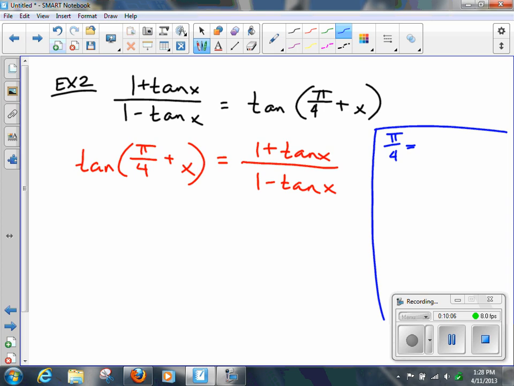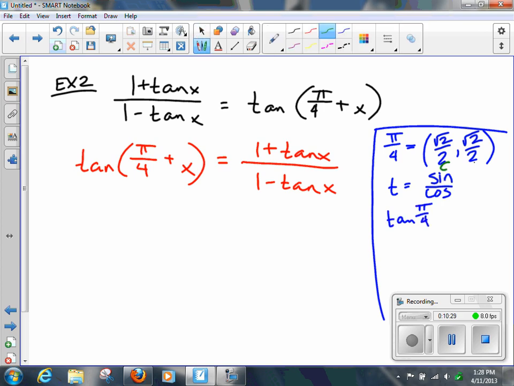The terminal point is root 2 over 2, root 2 over 2. Now, am I going to be concerned about cosine and sine this time? No, I'm going to be concerned about what? Trig function, tangent. So tangent, remember, is sine divided by cosine. The tangent of pi over 4.